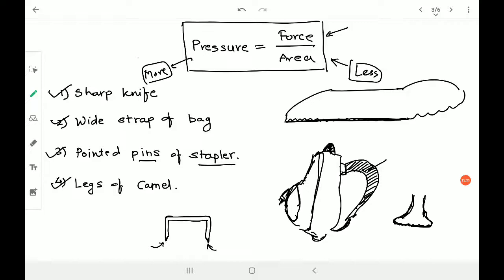So what we understood here in this particular slide is pressure is inversely proportional to the area. More the area, less the pressure, and less the area, more the pressure. There are so many examples that show the significance of pressure compared to force, and I have taken a few examples, right?